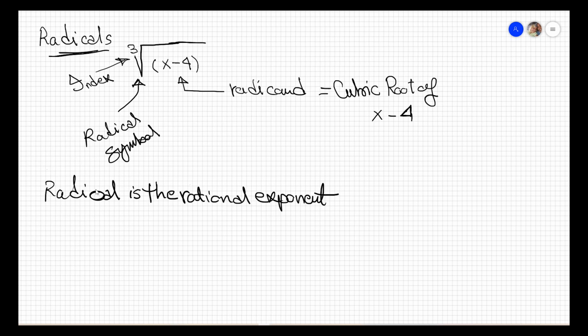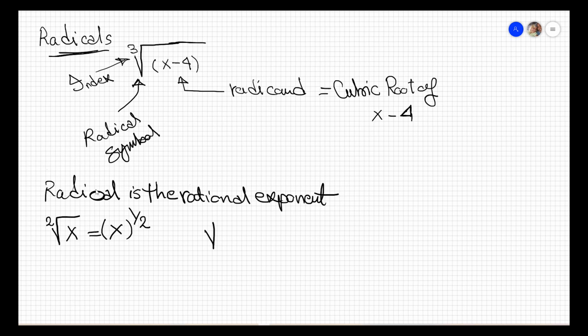What does that mean? For example, as we know, if we have a root sign without any number here, that means the second root. That means if we have the square root of x, it is equal to x to the power of 1/2.